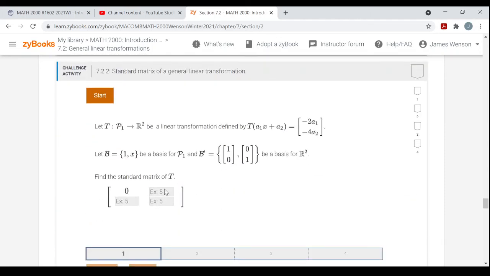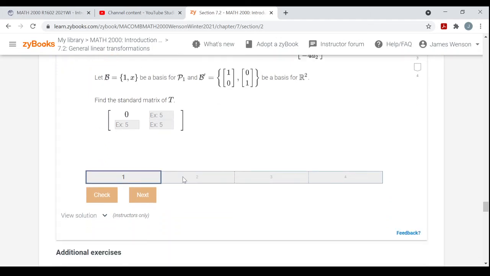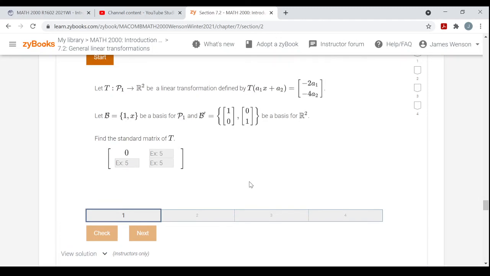And you're asked to do the same stuff down here: find the standard matrix of some transformations, maybe find some inputs, find some outputs. So I'll leave those challenge exercises to you.